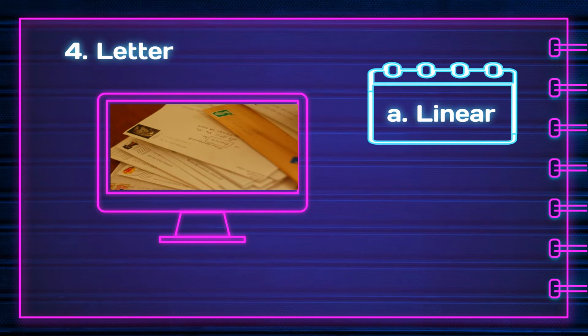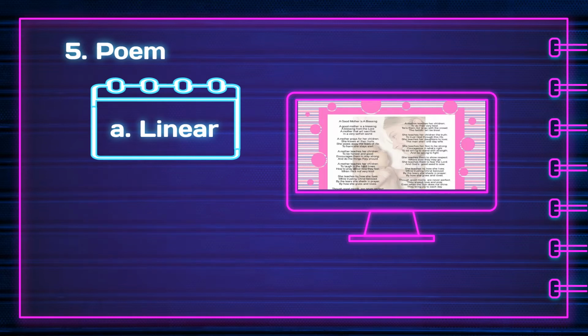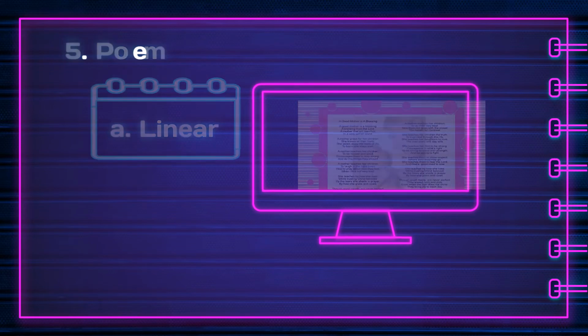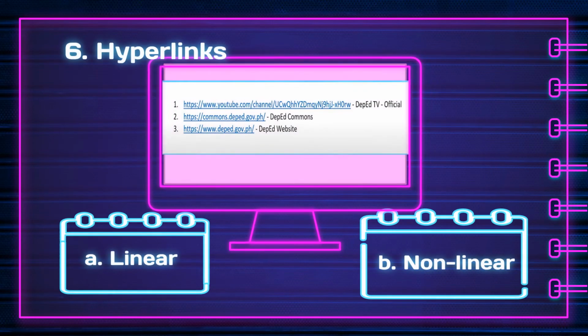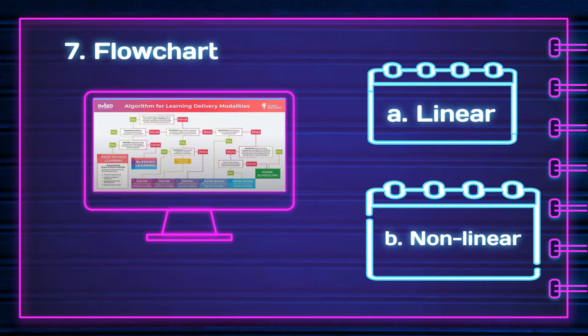Number 5. Poem. A poem is a linear text. Number 6, hyperlinks. Hyperlinks are nonlinear text. Number 7. Flowchart.